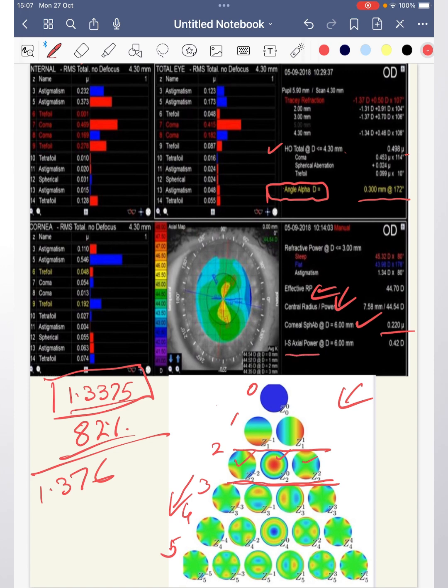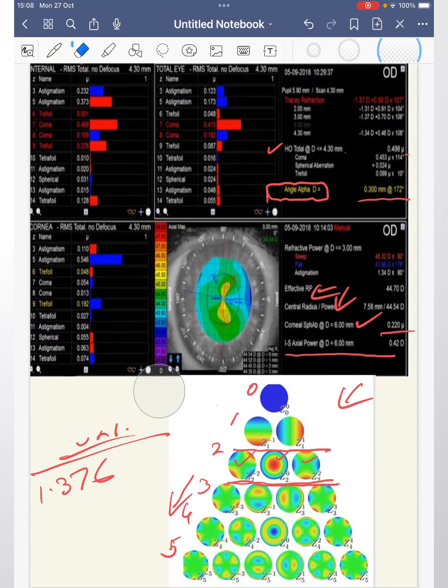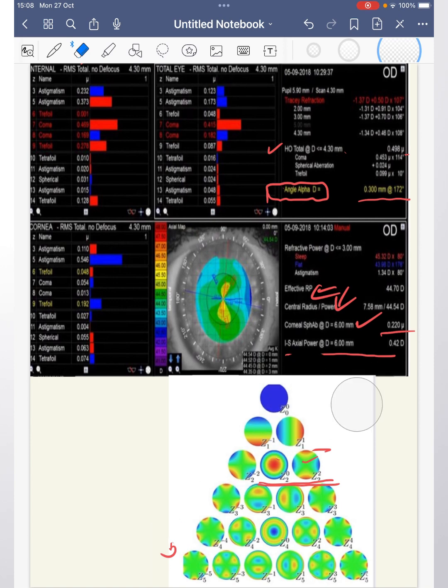And last, you have the IES axial power. What do we mean by that? Well, in topography machines also you will find this. By IES axial power, what we mean over here is, in this central part, what is the difference of power between the superior and the inferior, right? And normally this difference is less than 1 diopter for normal patients, right?